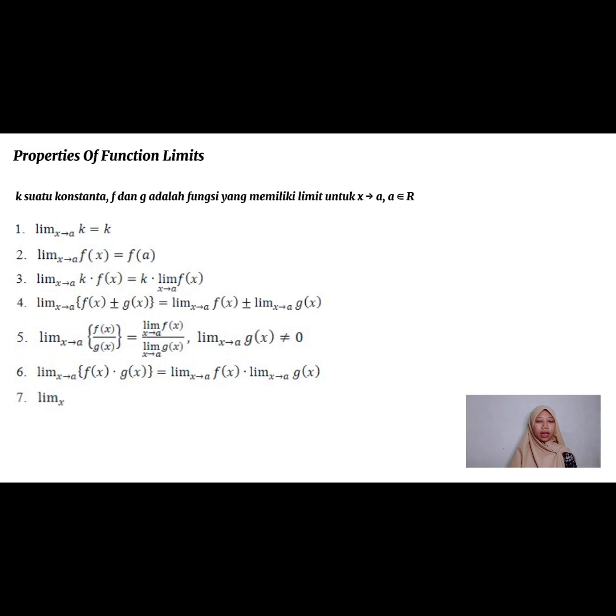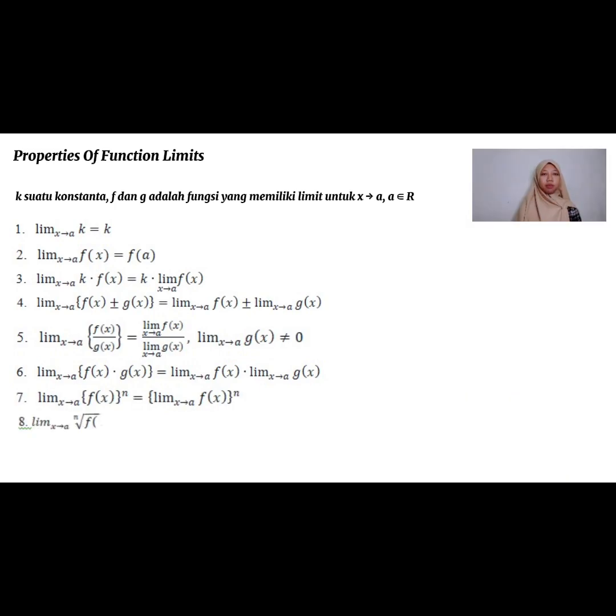The limit of f(x) to the power n as x approaches a is the same as the limit of f(x) as x approaches a, raised to the power n. 8. The limit of the nth root of f(x) as x approaches a is equal to the nth root of the limit of f(x) as x approaches a, with n being a natural number greater than or equal to 2 and the nth root of the limit being a real number.